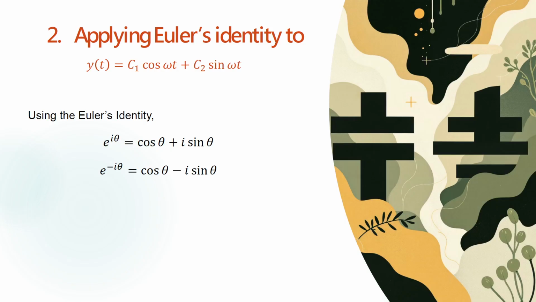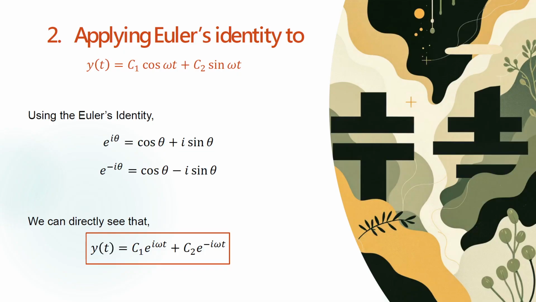And by applying this Euler's identity, we can directly see that y as a function of t equals c1 e to the i omega t plus c2 e to the negative i omega t. And this is our final answer. This is the exponential form of our final answer, by making use of the ansatz that we have introduced earlier, that is y is equal to e to the pt.